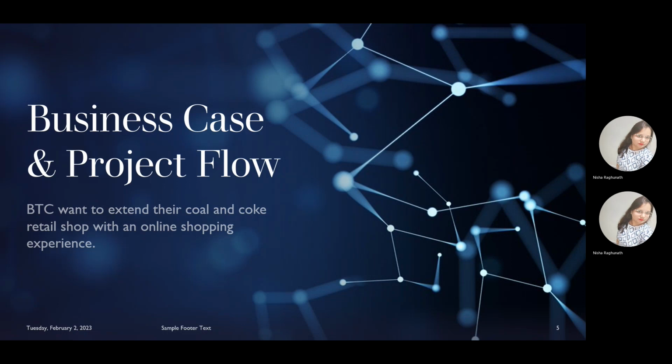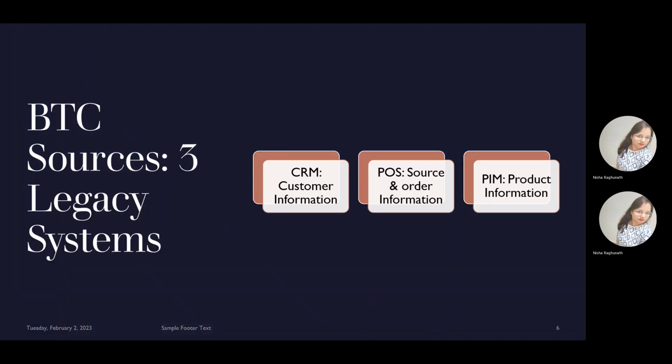So this is a business case, and we'll learn using this business case, convert that legacy system into an online system using IICS. And in IICS, what are the possible solutions provided, that we are going to learn. So the legacy system has three systems.